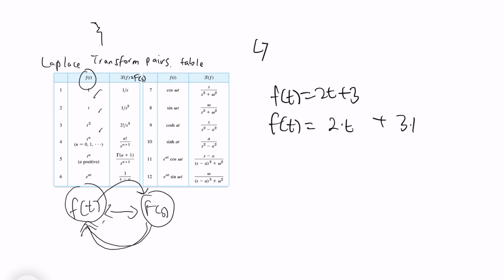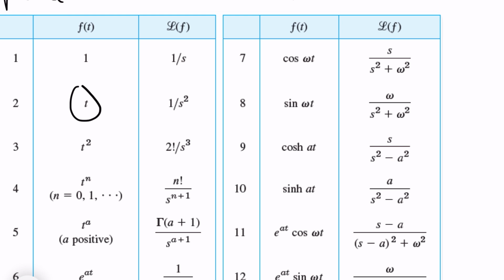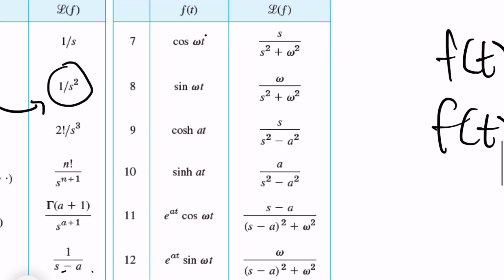Okay, so from the Laplace transform table, we know that 2 is just the coefficient, right? So 2, and then t, you can find from the Laplace transform table: the Laplace transform of t is equal to 1 over s squared.